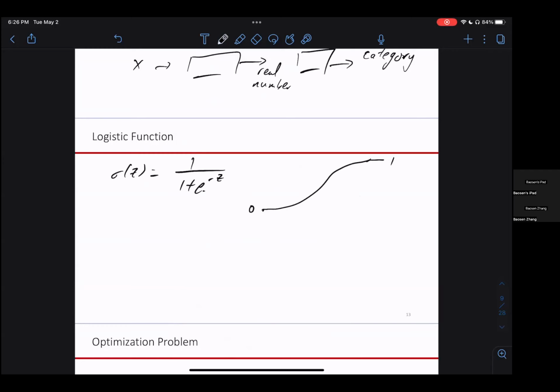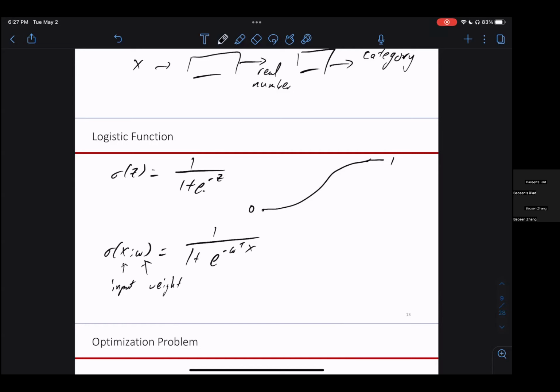And the way you're going to use this function is basically the following. We are going to think of x as the input to this function. The reason this is called logistic regression is that the function ends up being used this way. You're going to think of this as your input, and this as your weight to be learned. You're trying to find this weight.